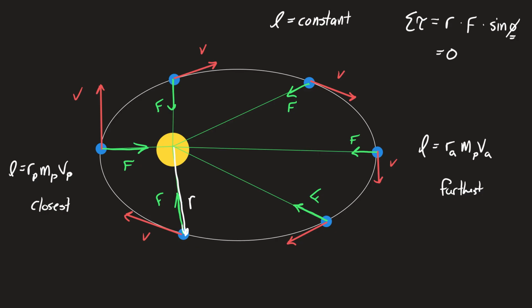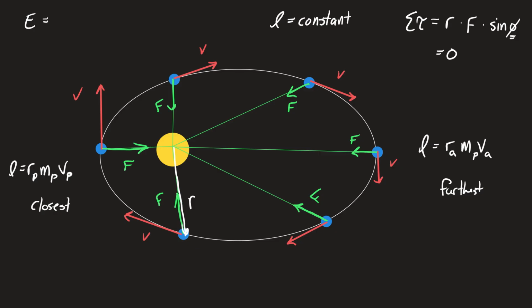Now, something else that's interesting is gravity is a conservative force. Because gravity is a conservative force, and there's no external forces on the system, the energy of the system must also be the same. It doesn't change. Now, granted, we have greater kinetic energy at some point, but we also have a bigger negative gravitational potential energy.